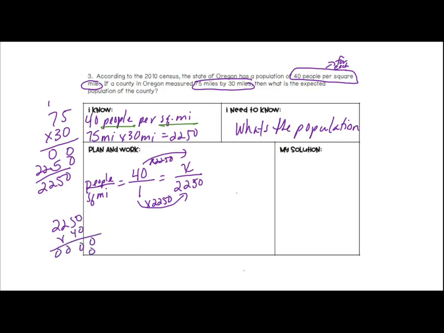So let's work this through. So we end up, I think I made a mistake in my multiplication. Let's start that over. I've got all my zeros here.